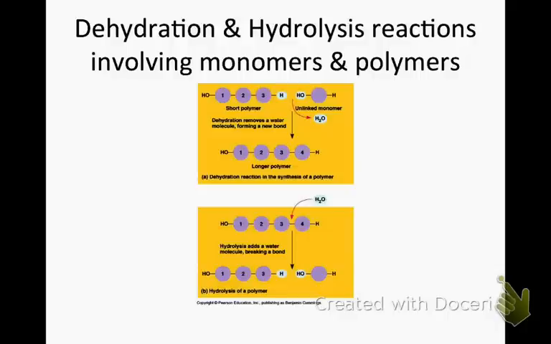We have 2 molecules. We have a short polymer here, and we have an unlinked monomer. Remember, monomers are little building blocks. We want to make a really long polymer, a big one. So what we'll do is we'll take the OH group from the small monomer and link it to the hydrogen of the shorter polymer.